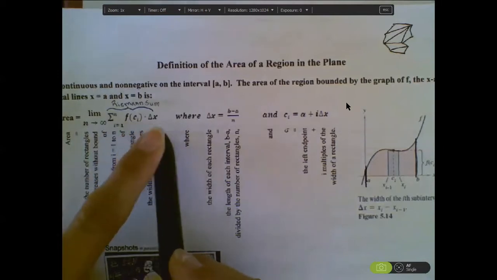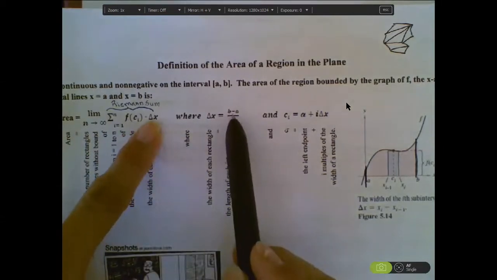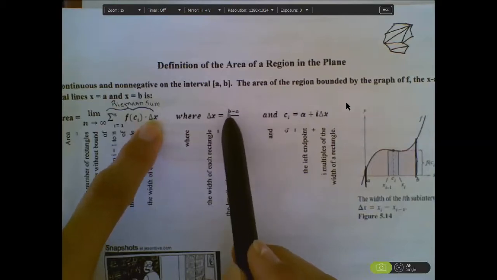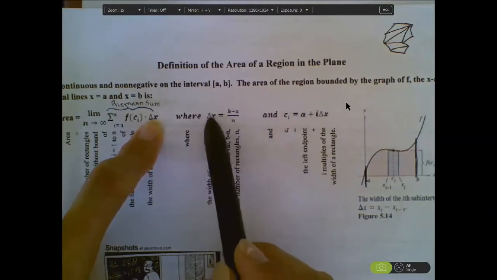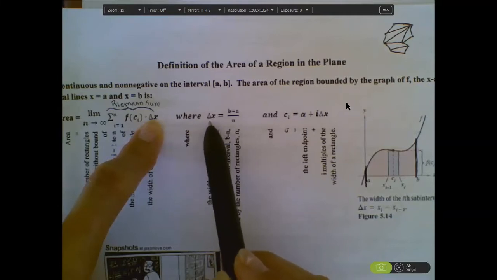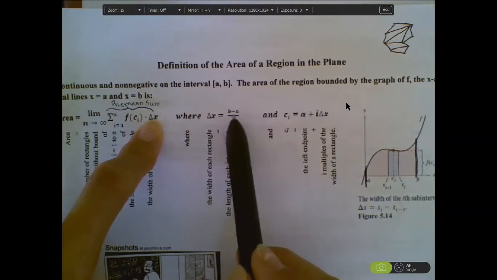The width of each rectangle comes by dividing the length of the interval, which is b minus a, by the number of rectangles. And that makes sense. The width of each rectangle is the length of the interval divided by the number of rectangles.